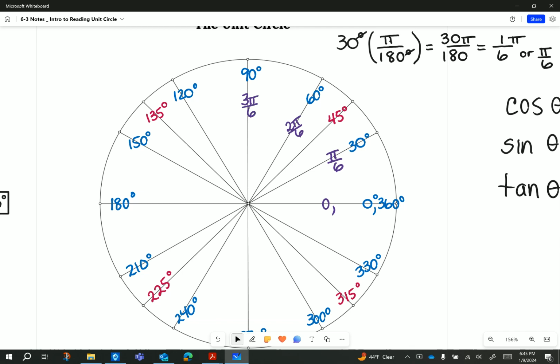So notice all I'm doing is counting. 1, 2, 3, and I'm making sure to state that I'm counting in pi over 6 units.